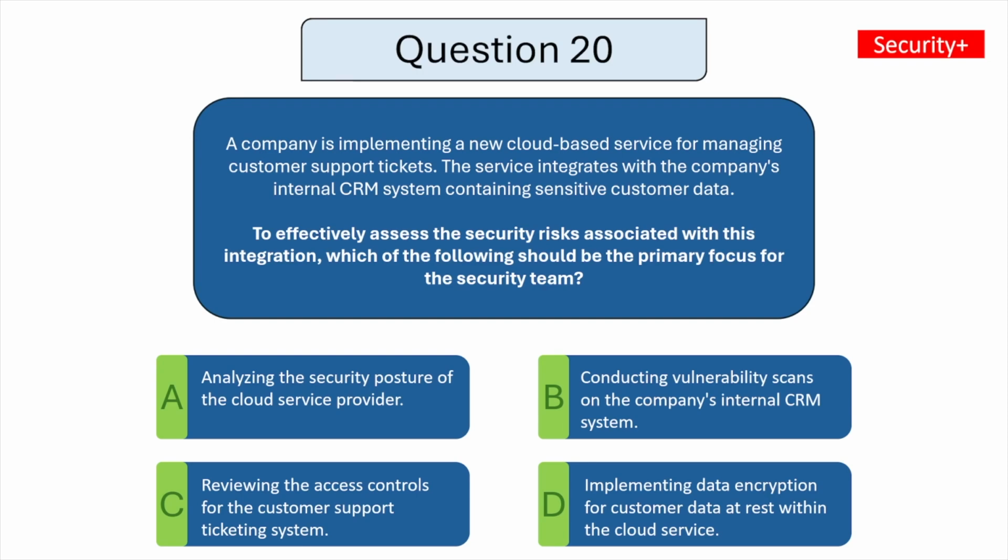D is also a good choice. However, I feel like C would be more important. Access control within the integration would be a priority over data encryption in the CRM, especially when integration is concerned here. So I'm going to go with C. I could be wrong. I'm going to go with C on this one.